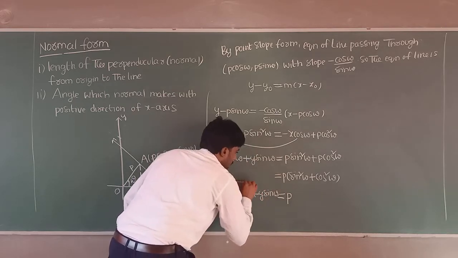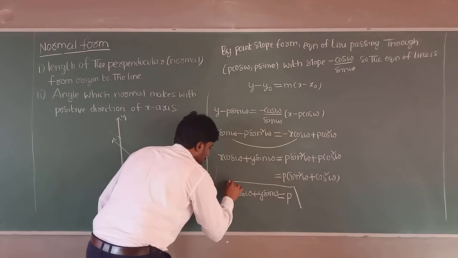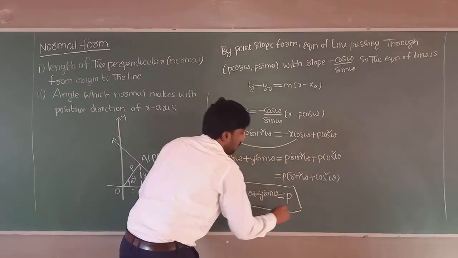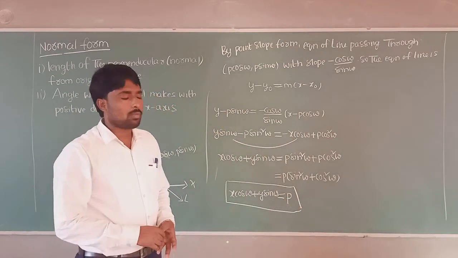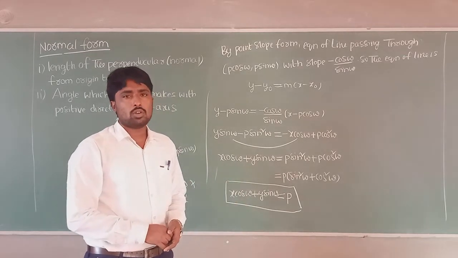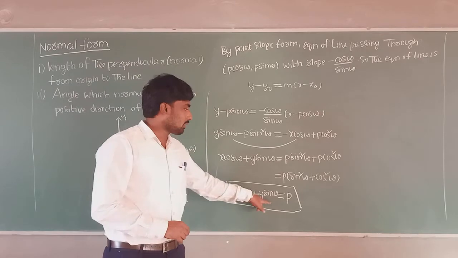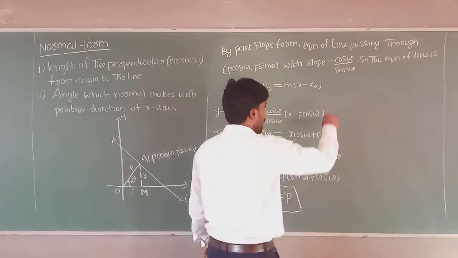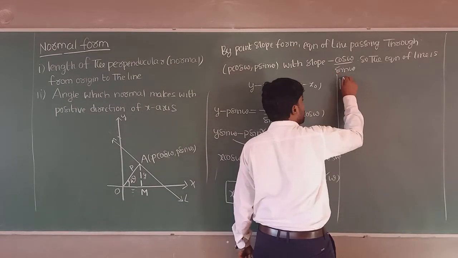So this is the equation of a straight line in the normal form. So what is the equation of a straight line in the normal form? X cos omega plus y sin omega equal to p. Okay. So they will ask the question based on this.